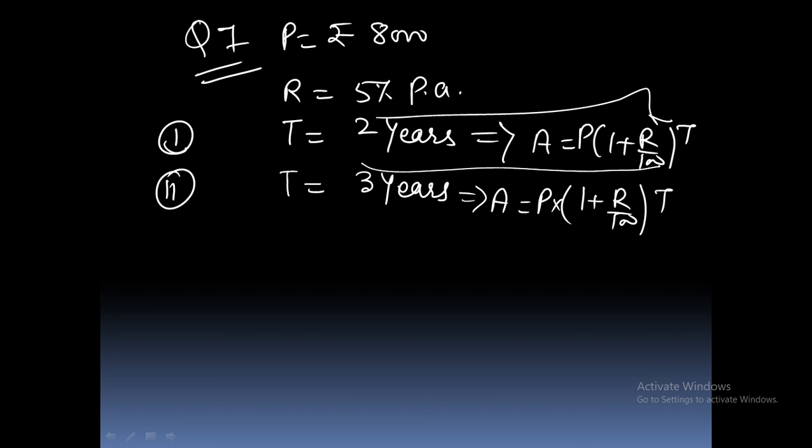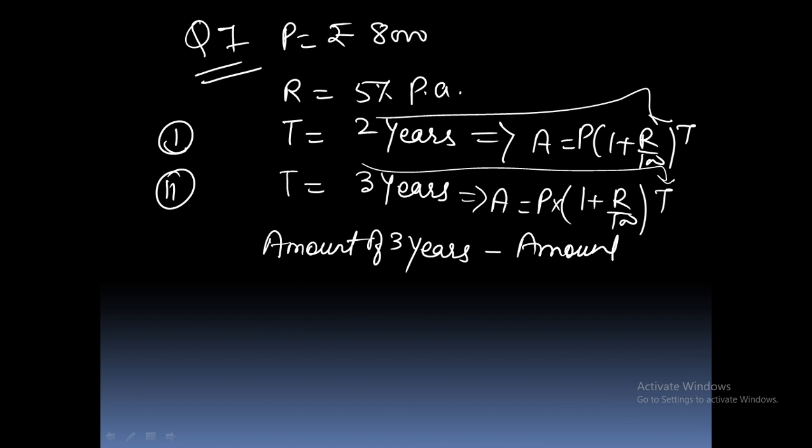Here we will use this time and we will calculate the amount of 3 years minus the amount of 2 years which you calculated in the first point, and take the difference, and the difference is the interest of the third year.